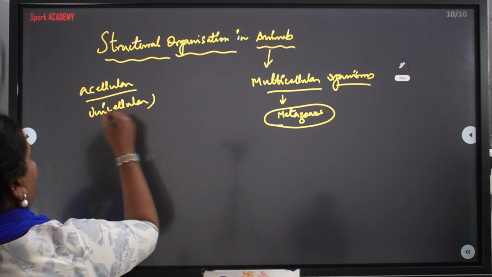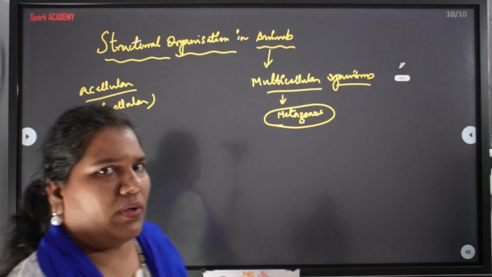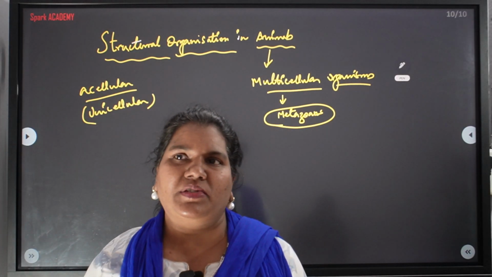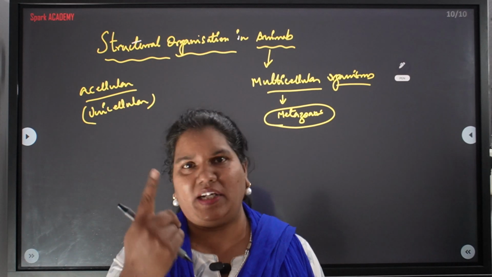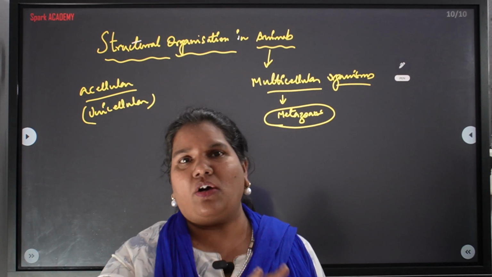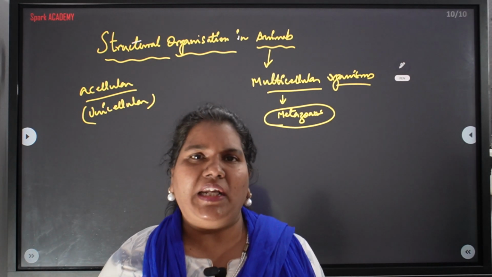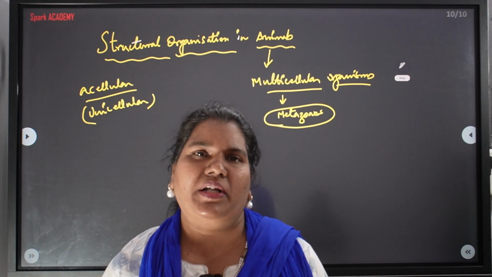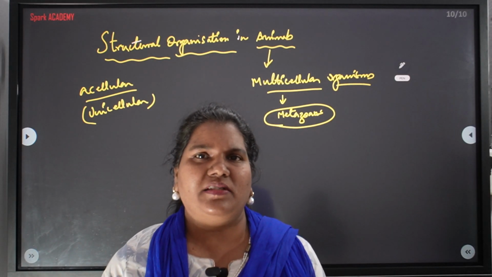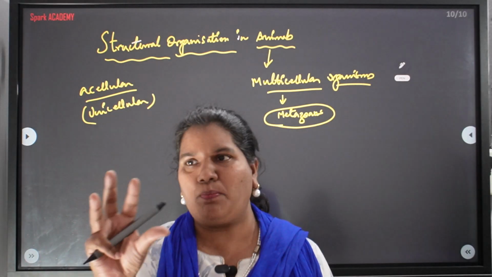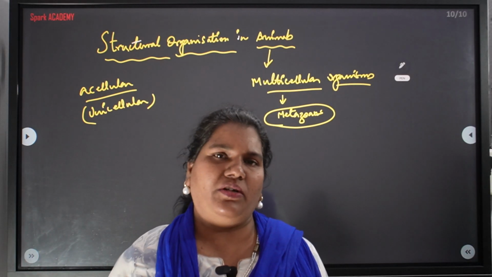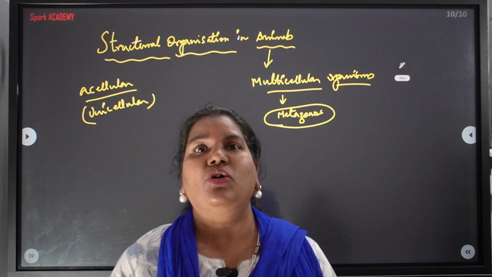Now another doubt: why do we call unicellular organisms acellular? Because if you observe unicellular organisms, you don't find cells in them. There is only one cell, so that's why they are called acellular. Another meaning is that many scientists say that unicellular organisms don't stay single, they always stay in groups.